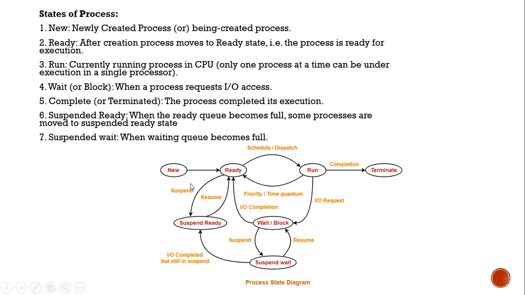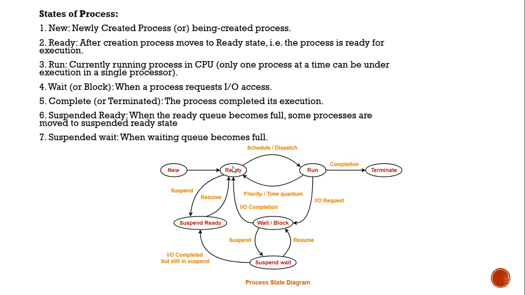Okay. Now we have two other states: suspend ready state and suspend wait state. In case of suspend ready state, what is the scenario? For example, in the ready state we have n number of processes, and processes keep coming and being created from time to time. So the RAM can get exhausted. Means आपकी RAM की जो साइज है वो, उस जिस टाइम पे वो प्रोसेसेस क्रिएट हो रहे हैं, सो उसके अकॉर्डिंग वो फुल भी हो सकती है. ठीक है.